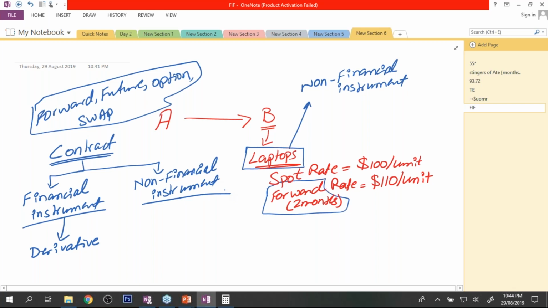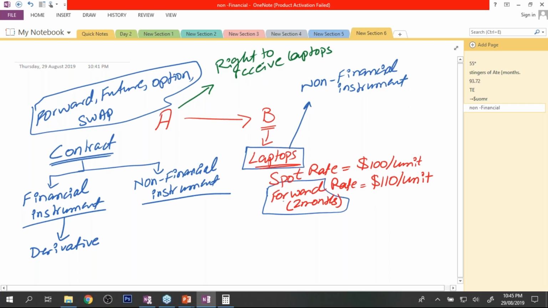Why? Because if you see in this case, what is my asset right now? According to the contract, what is my asset? No, Tasbih, it is not the laptop right now. My asset is the right to receive the laptops. According to this forward contract, I have the right to receive the laptop.